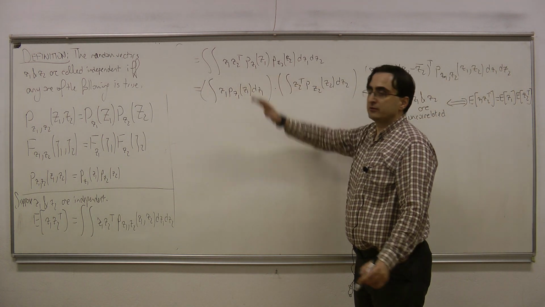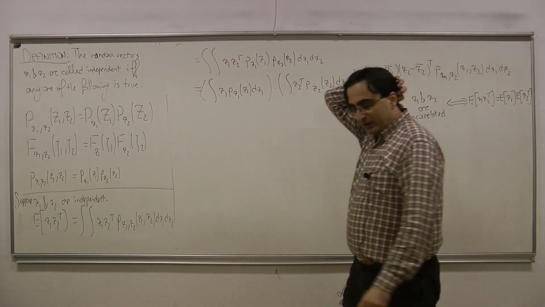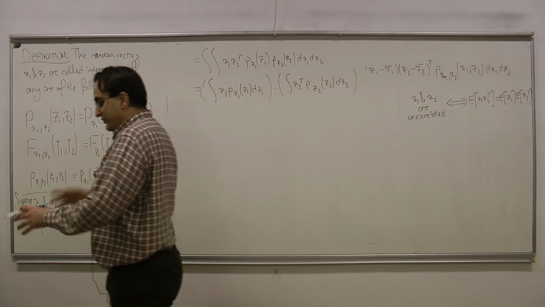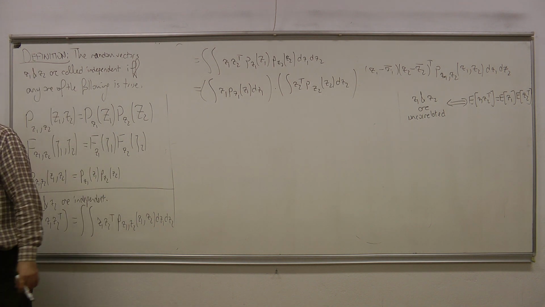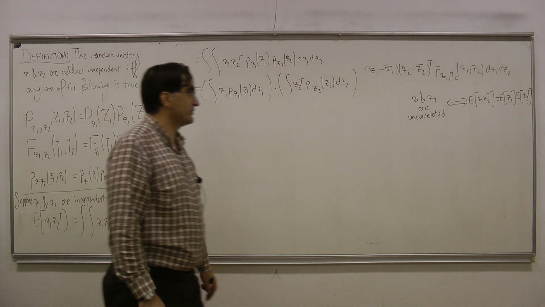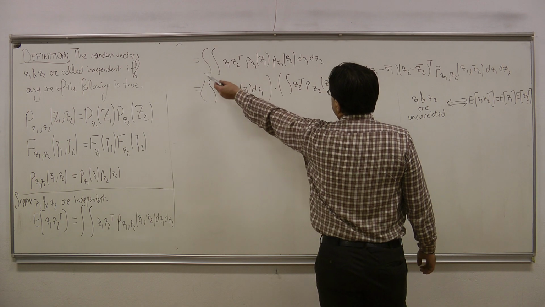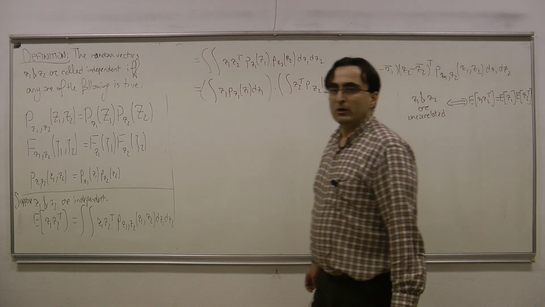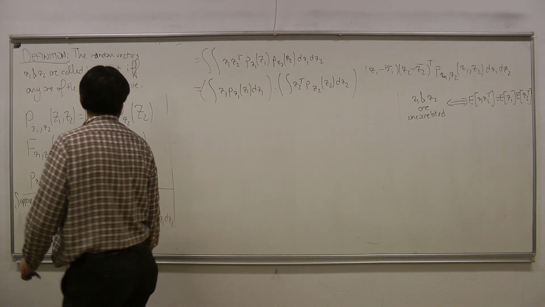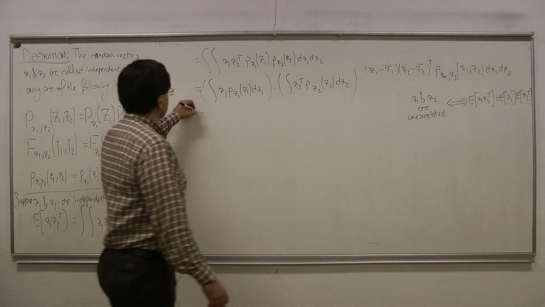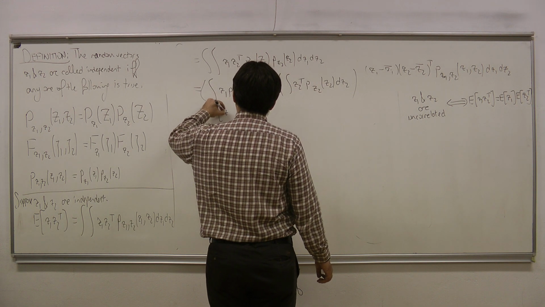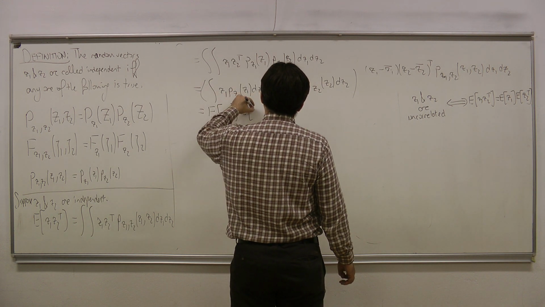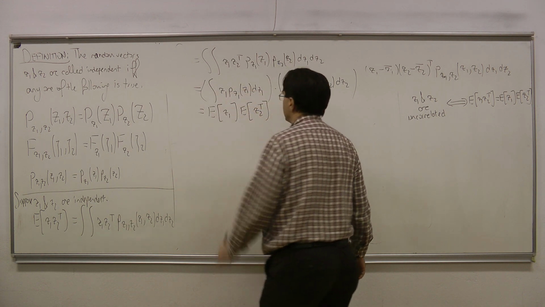Because the argument of the integral can be separated into two factors which depend on only Z1 and only Z2, this double integral can be written as the multiplication of two single integrals. And this is nothing but the expected value of Z1 and the expected value of Z2 transpose.